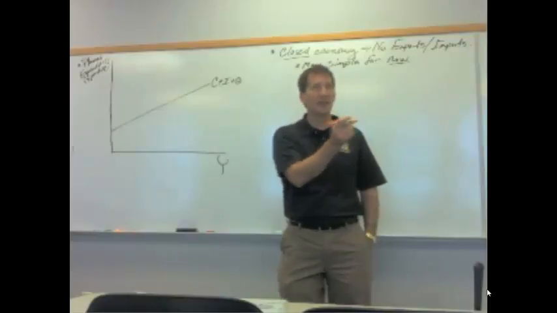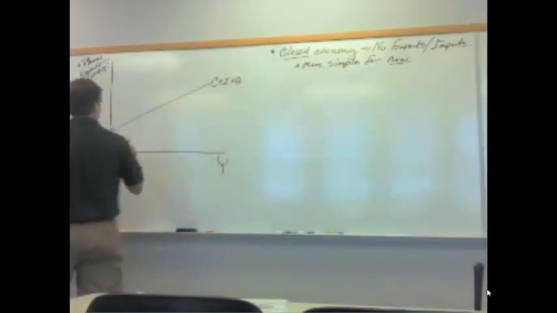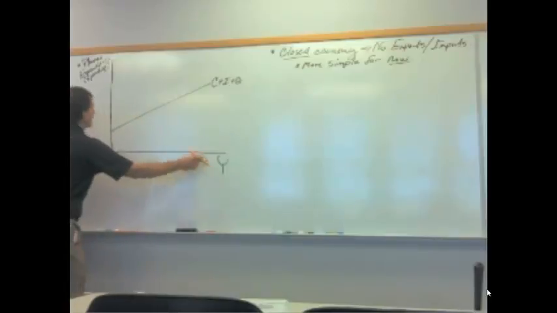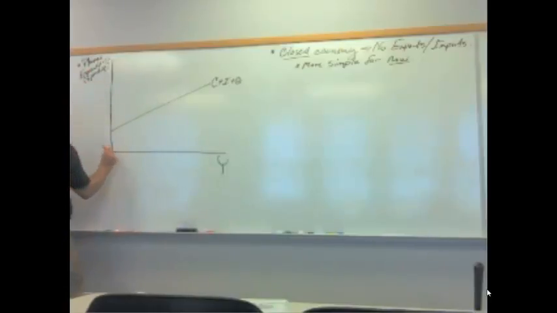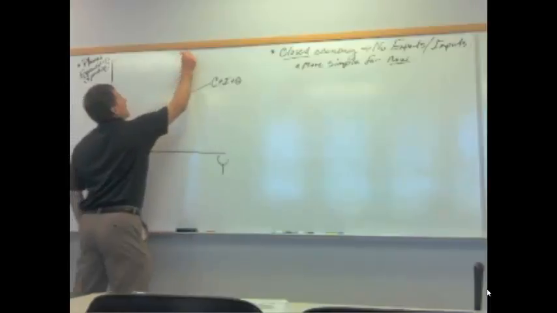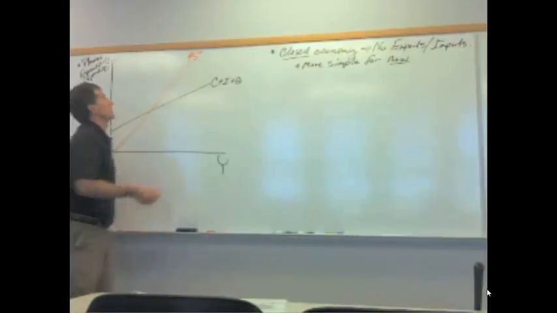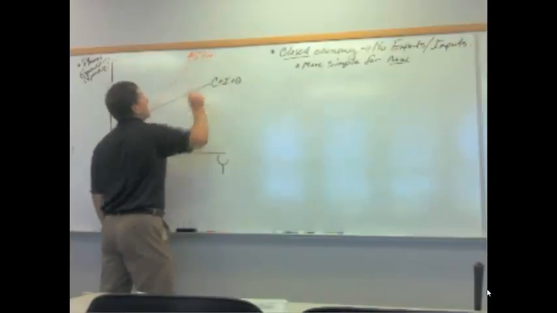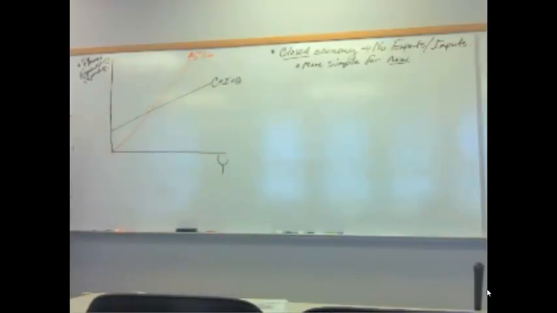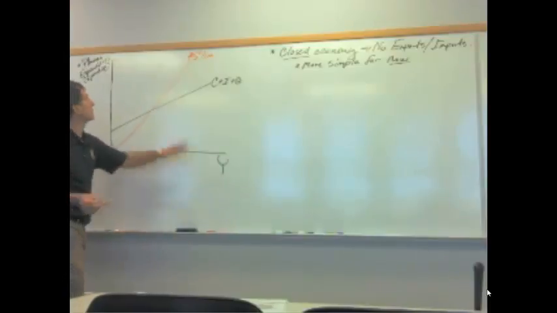So a 45-degree line shows all points where income equals spending. This is not a function at all, it's just a definition. So we're going to call it the 45-degree line. It's a reference line that shows all points where income equals spending.